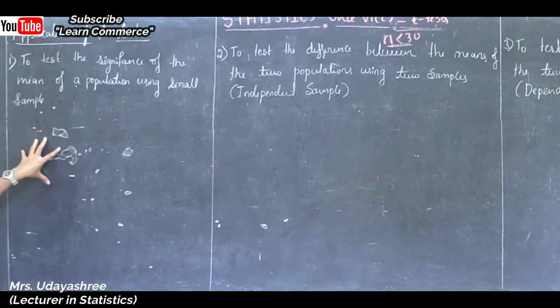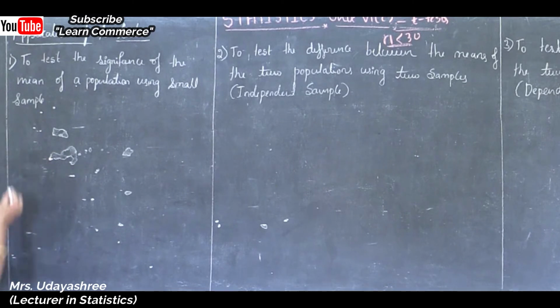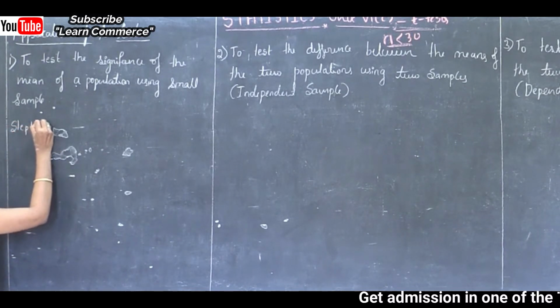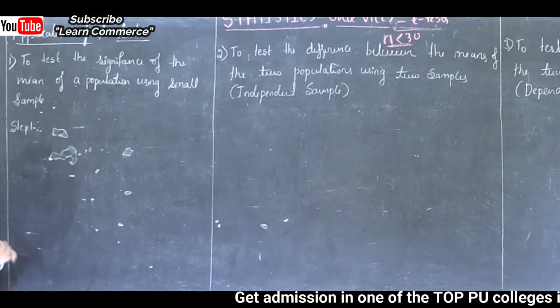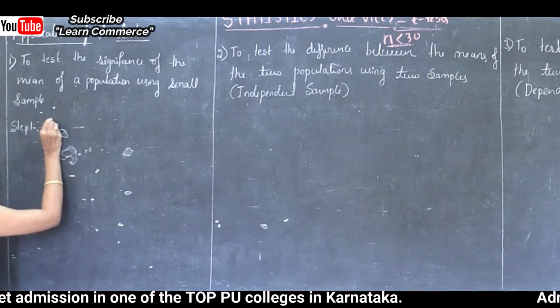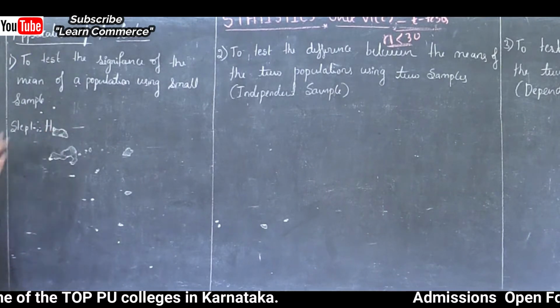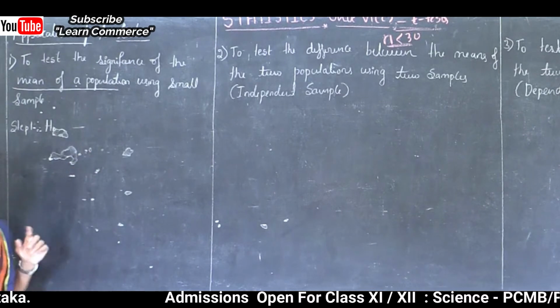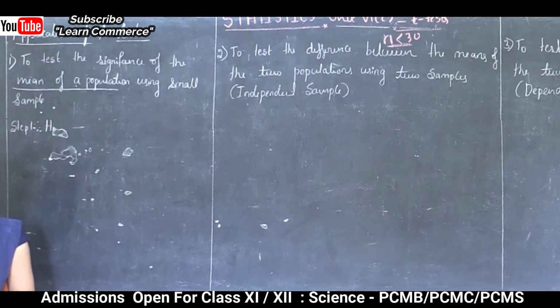Let's see the test procedure. Step 1 is setting up the null hypothesis, denoted by H naught. This is about the mean of a population, in the sense that there is only one set of observations.